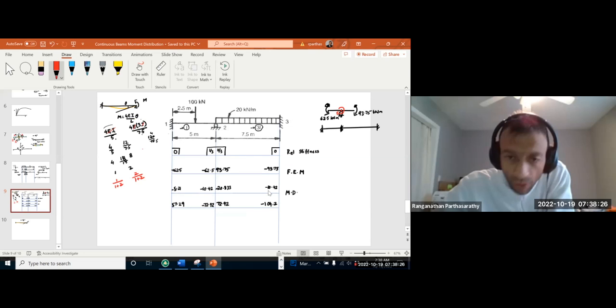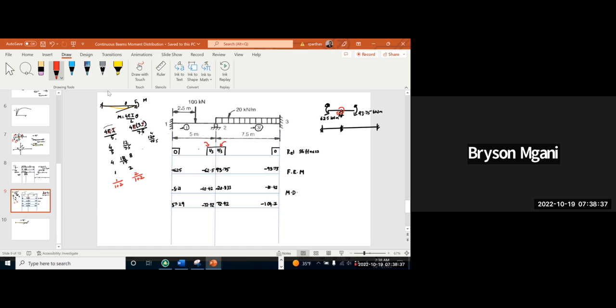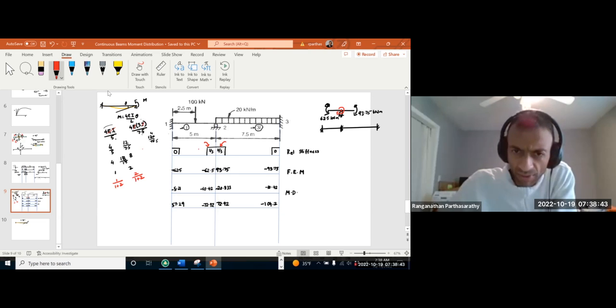It will be distributed in the ratio of the relative stiffnesses. What is the relative stiffness? 1/3 and 2/3, right? So if we apply negative 31.25 here, 1/3 of that will go to the left span, 2/3 will go to the right span. So it will be distributed in the ratio of the relative stiffness, not half and half.